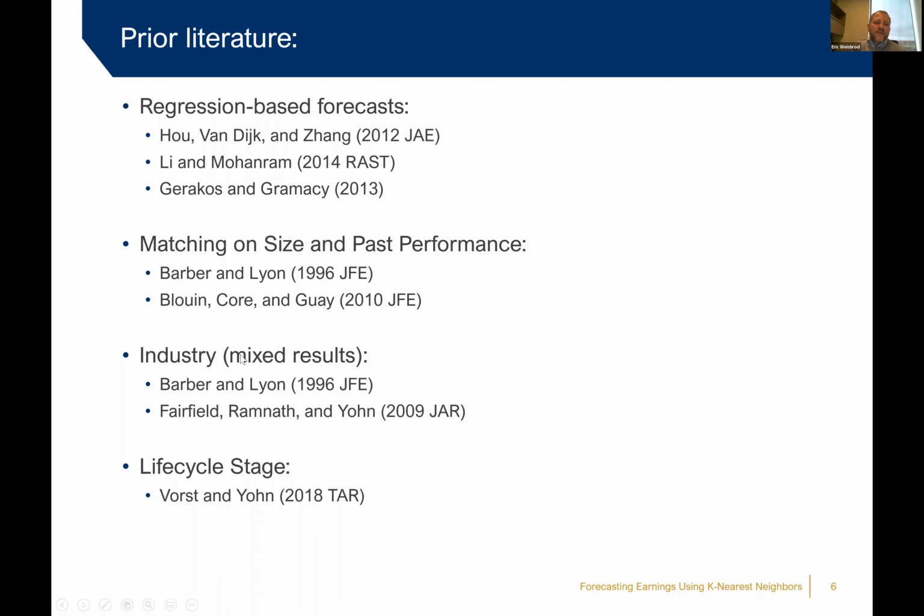And then as we've mentioned briefly, prior literature has looked at incorporating industry before with sort of mixed results. Generally, I would say they find it doesn't help. And we find similar things in our setting, that restricting to the same industry doesn't improve the forecast. And then we also look at compared to life cycle stage.